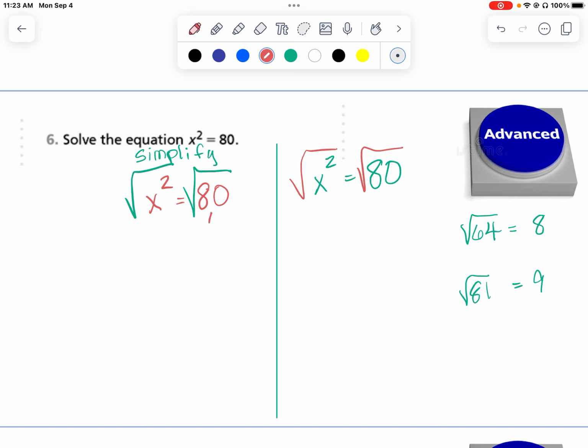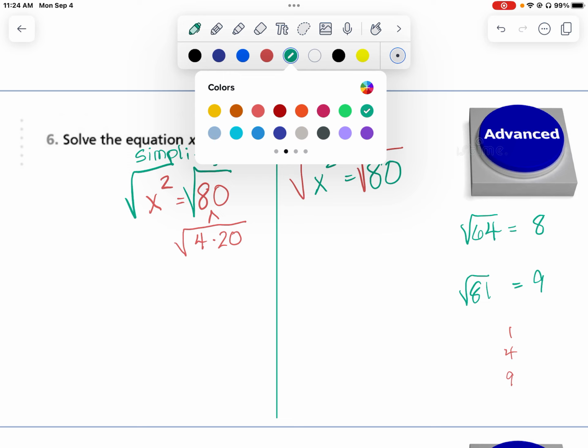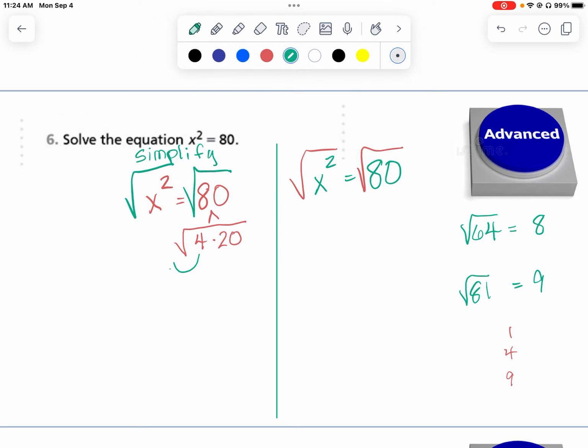So if I'm thinking of perfect squares, I'm thinking of 1, 4, 9 to see if any of those work with 80. Right away, I know that 80 is 4 times 20. And I'm taking the square root of 4 times 20. Now, I can't take the square root of all of it, but I can take the square root of the 4, which is 2. And now there's only a 20 left under the radical.